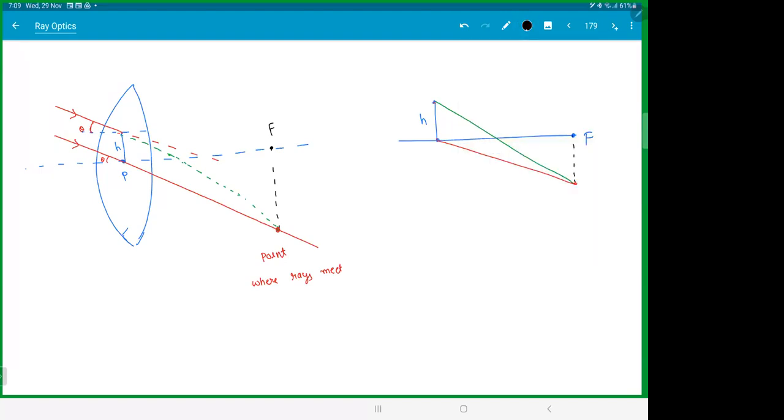Let this angle be phi. This also will be phi. This angle is theta, so this angle also will be theta. This height, I don't know how much it is, but I can find that. This total distance is focal length f. So from geometry, this will be f tan theta.